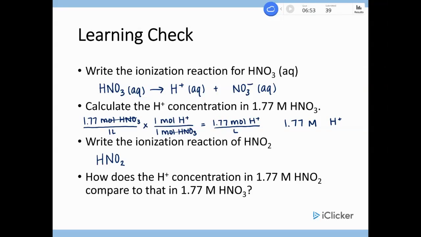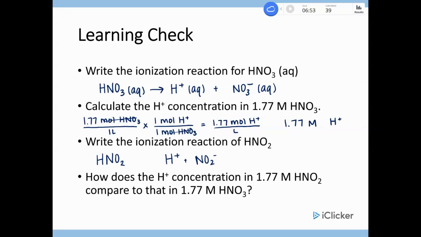All right, so ionization reaction of HNO2, it's still an acid, so it still dissociates into, I'm going to wait on the arrow, but it dissociates into H plus and NO2 minus. I left out the aqueous, but all of these will be aqueous. The difference in the arrow is important here.